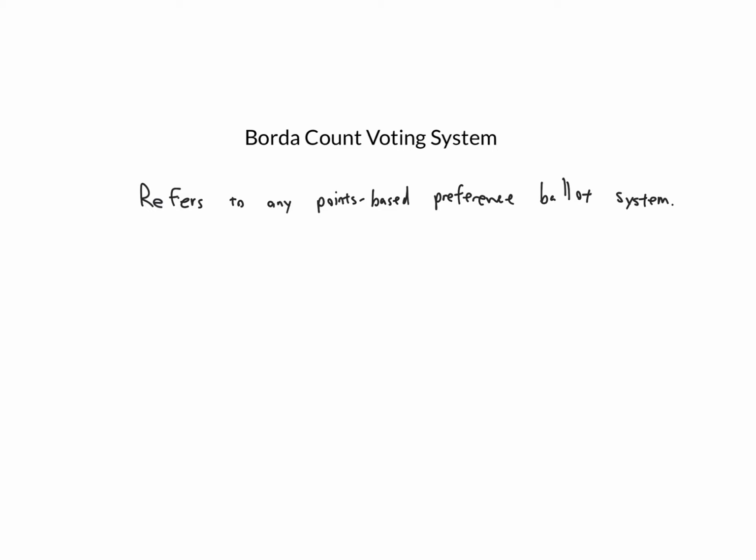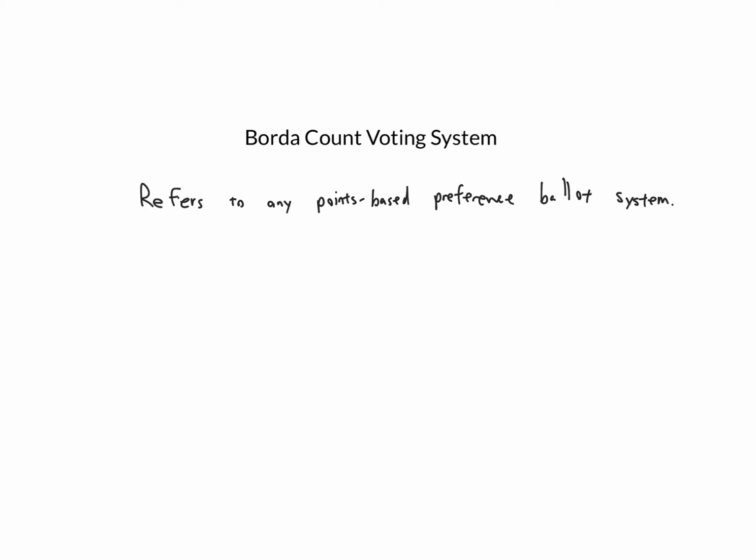The general idea is that each time a voter ranks candidate A as first choice, then candidate A gets maybe 10 points. And each time a voter lists candidate A as their second choice, maybe they get 8 points, and so forth. The point values vary from system to system.